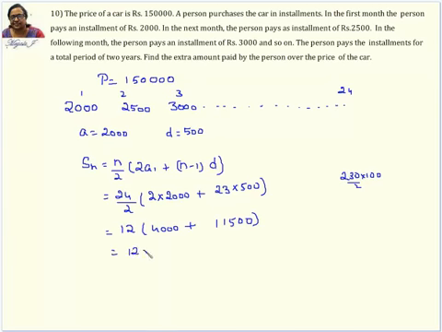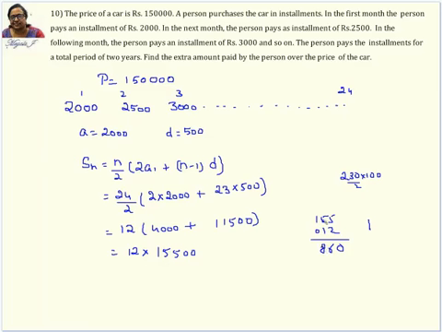So what is this answer? 12 into how much is this? It's like 11,500 plus 4,000 will be 15,500. You need to multiply 155 into 12. The 2 zeros I'll put at the end. 2 5 10, 1 balance. 10 plus 5 is 15 plus 1 is 16, 1 balance. 2 plus 5 is 7 plus 1 is 8.